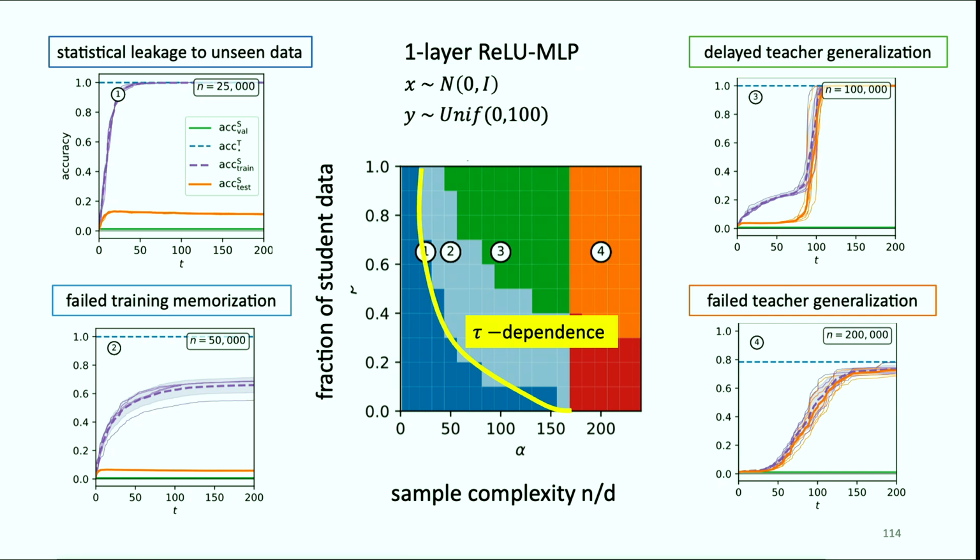And so what we're hypothesizing is that the behavior I showed you in the beginning for the larger models is not actually this generalization to the teacher, but rather this statistical leakage that takes the local similarities of these models.